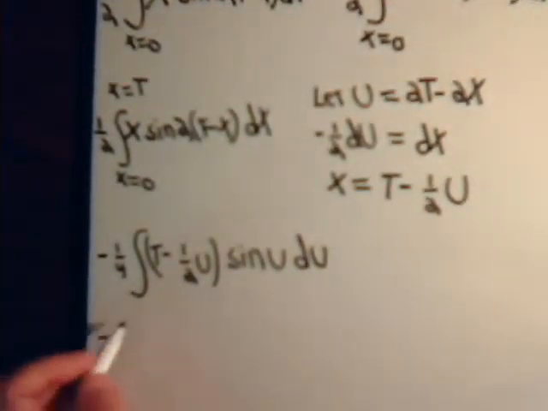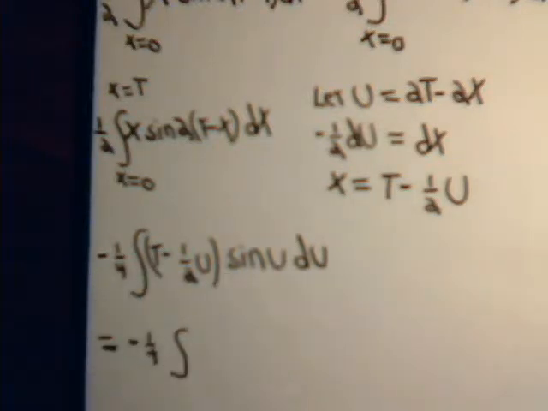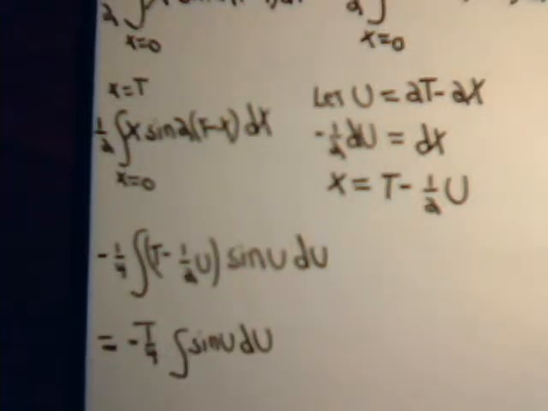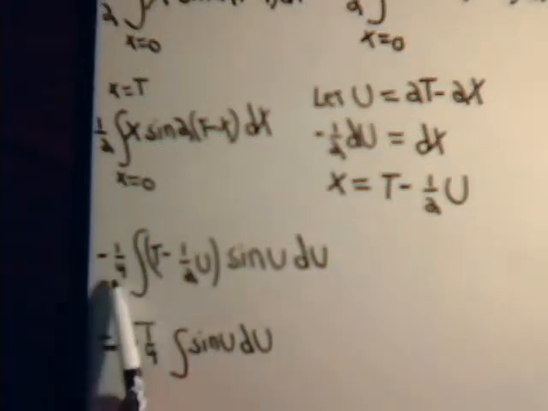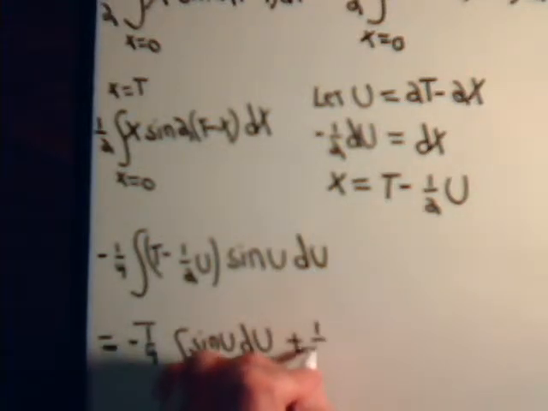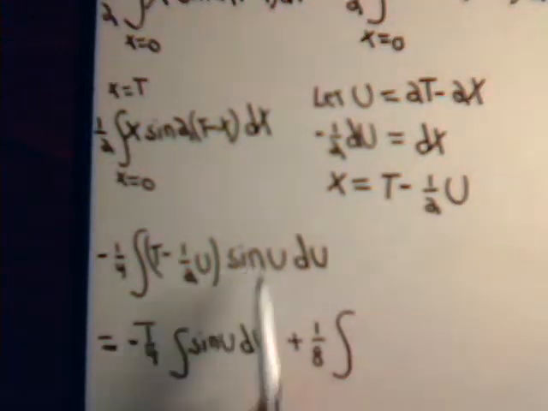This will equal minus 1/4 the integral of t times the sine of u. We're treating t like a constant, so that can come to the outside, times the sine of u du, and then multiplying across here we'll have plus 1/8 the integral of u times the sine of u.